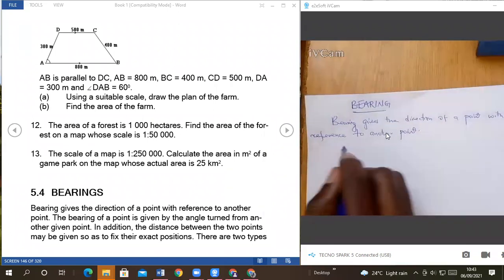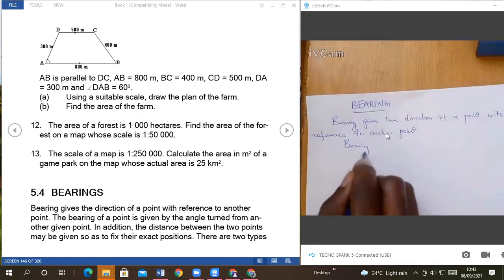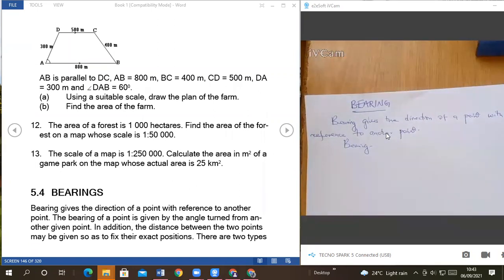Basically bearing. Members, have you ever guided someone in terms of location? Take an example: if I said, Austin, tomorrow I'm coming to your place, can you guide me on how I will get to your place? You are already giving direction, and that's what we call bearing.